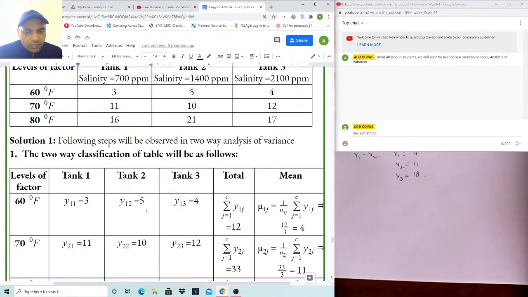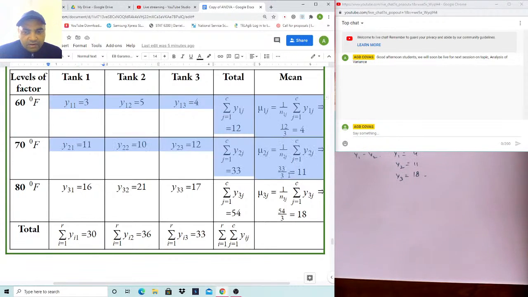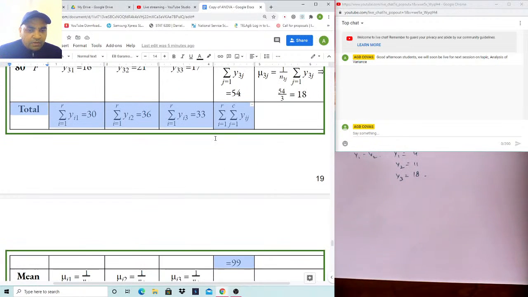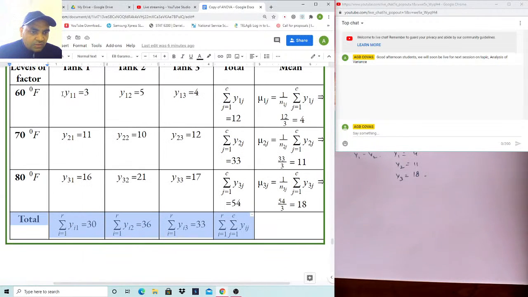Again, we will be making this classification. Basically, this part we have already done, but this part we haven't done. Because there is a difference in the salinity in each tank, we will also be totaling the columns.